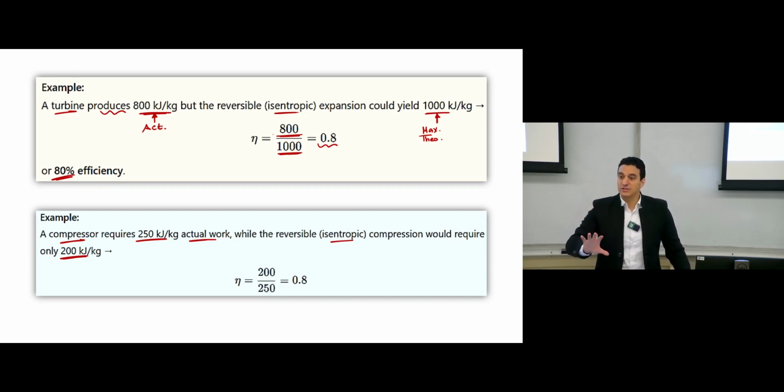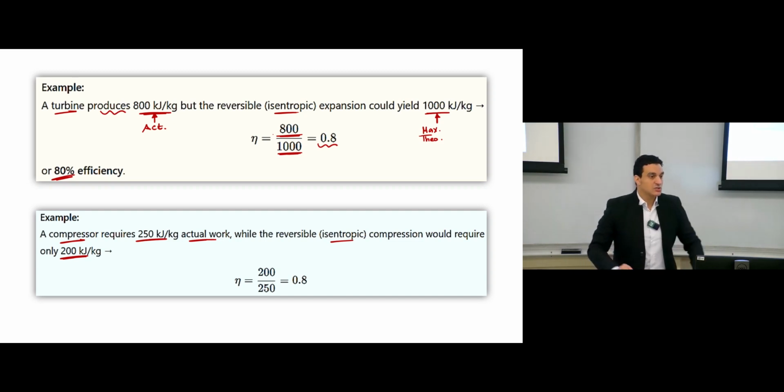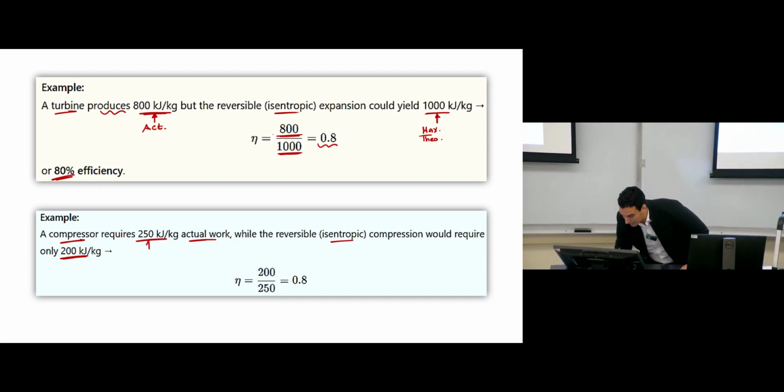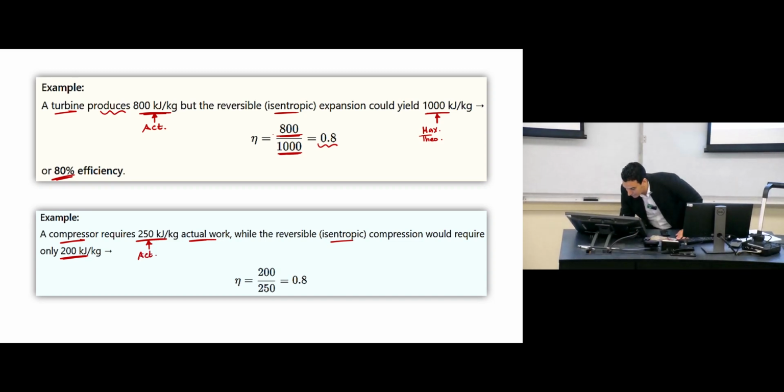But as we said, a reversible process does not exist in real life because we have friction and losses. So if you give it 200, it will not function in the proper way that you need. You will need to give it extra work. So the actual amount of work you are adding to it is 250.